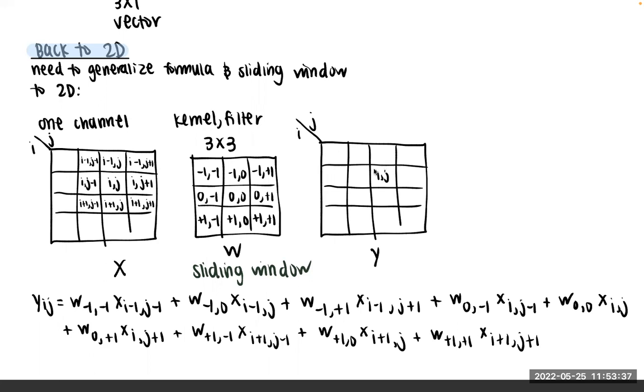Therefore, you see each Y_ij is a linear combination of these 3 by 3 values, and its coefficients are the same no matter what i, j is. So you can slide this window to different places, centered at different i, j, but the linear weights are always the same. So this is essentially the same as the one-dimensional situation.